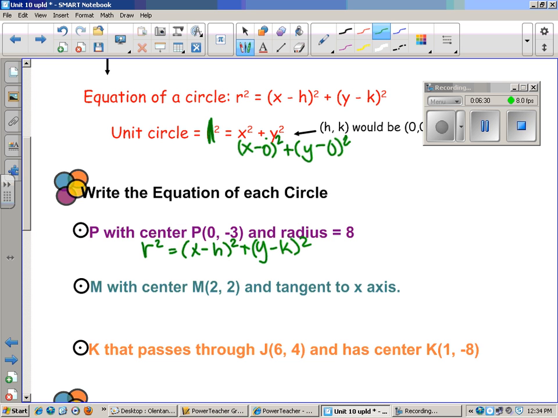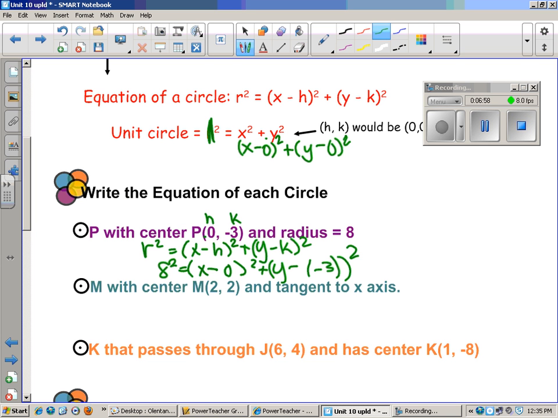What is it? 8. So I get 8 squared equals (x - h) squared. Do I know h? Yes, what is it? 0. Right, because this is the center, so this is h, and this is k. Plus (y - k) squared, what is k? Negative 3, squared.